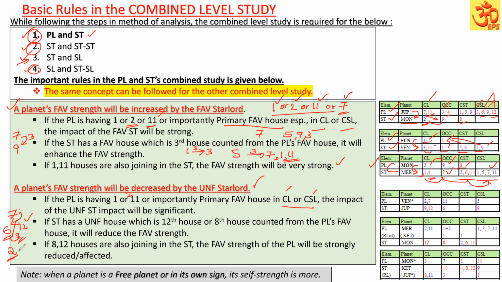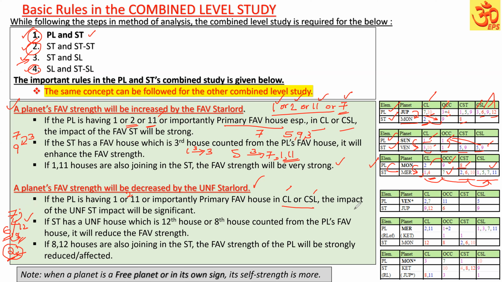But please keep in mind, if the resulting house is favorable to the lagna, then though it is the 8th house to the 7th house, this will not be causing any trouble to the event. It can give some obstacles to the 7th house matters, but not to the lagna and also to the event. I hope you keep this in mind.